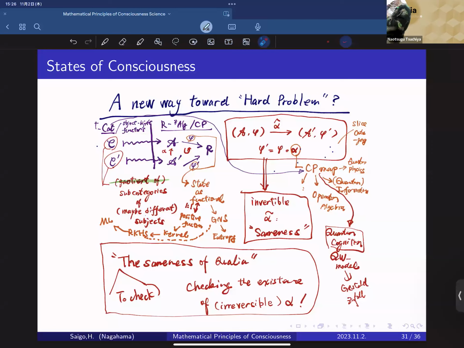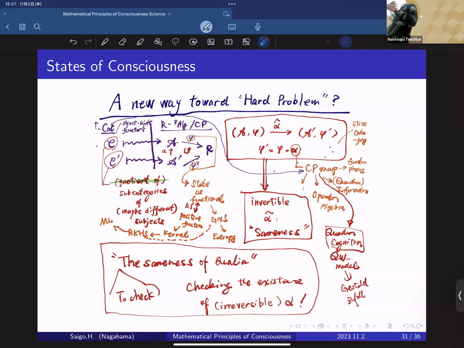Then we have many studies in operator algebras or quantum probability. We have much information here. So for example, the identification of my category and the other category, or the animal category or something, can be translated into the sameness of the non-commutative probability space.